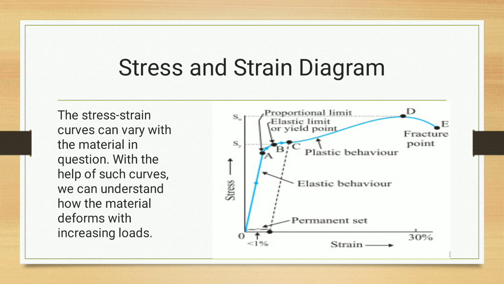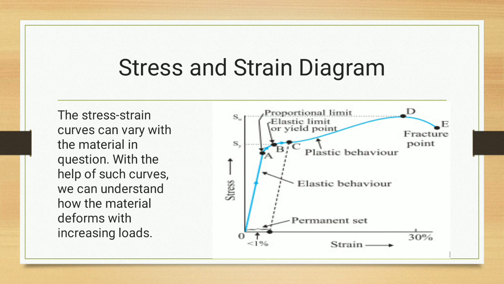Now a most important topic we are going to discuss here is the stress strain diagram. We are putting the stress on the y-axis, the vertical axis, and strain on the horizontal axis. You can see the diagram here.